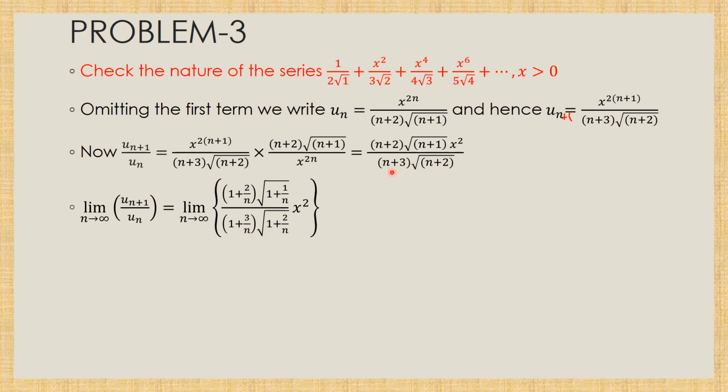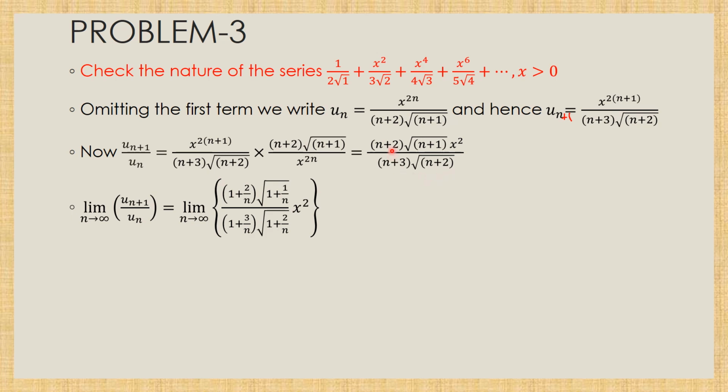Similarly, for the root n inside the root, if you take n outside, this will be 1 plus 1 by n. In the denominator, if you take n outside inside the root, we get 1 plus 2 by n.